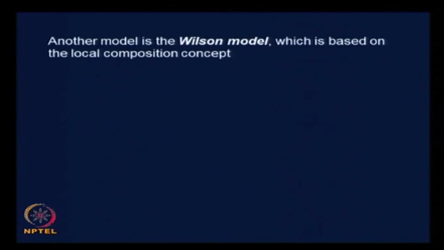We will look at another model, which is the Wilson model, which has some backing in theory. It is based on something called a local composition concept. We will not get into the details of what the concept is, it is slightly beyond the scope of this course, but you need to know that this has some grounding in theory.